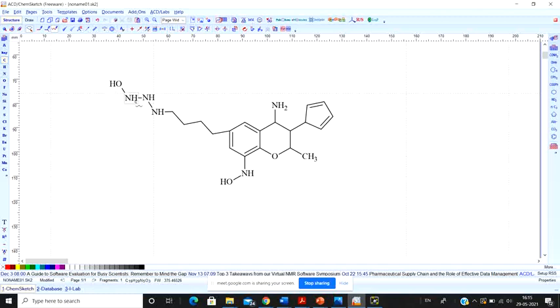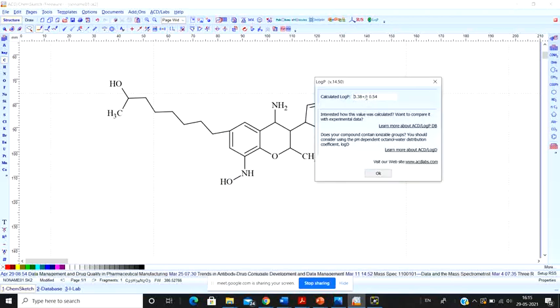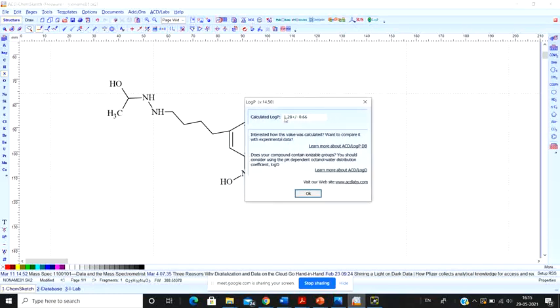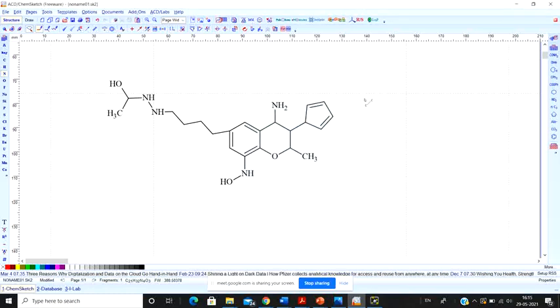But see what happens if I change them to C. See the log P value, 3.38. It again increased from 1.45, because if I have more amide groups they are much more solubilized in water. See, 1.28. Understand? This is how we optimize the molecule.